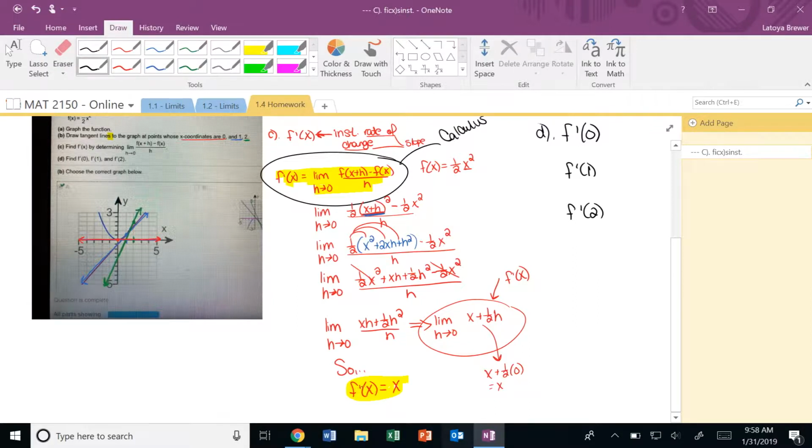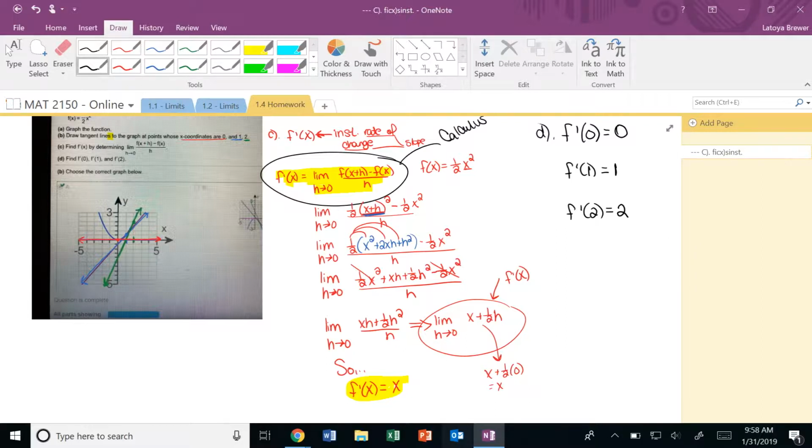Well, this is telling me that f prime of x is equal to x. So whatever is in parentheses here, that is what your slope is equal to. So when my x is 0, my slope is 0. When x is 1, my slope is 1. When x is 2, my slope is 2. So that is part D. Part D is literally asking me to find the slope.